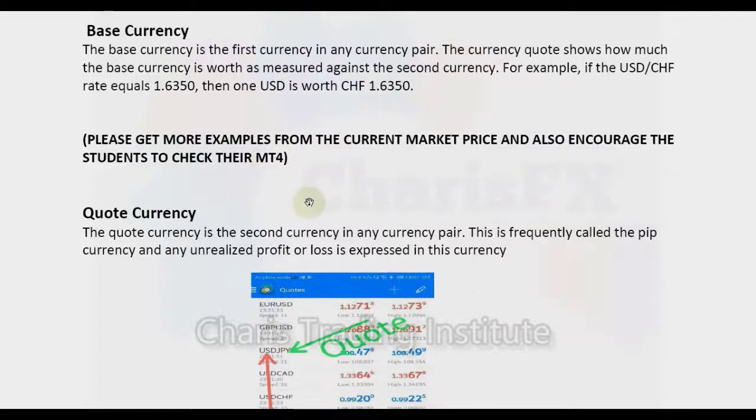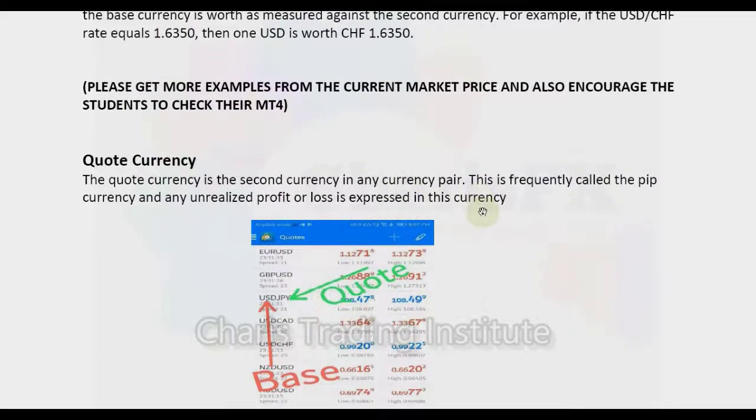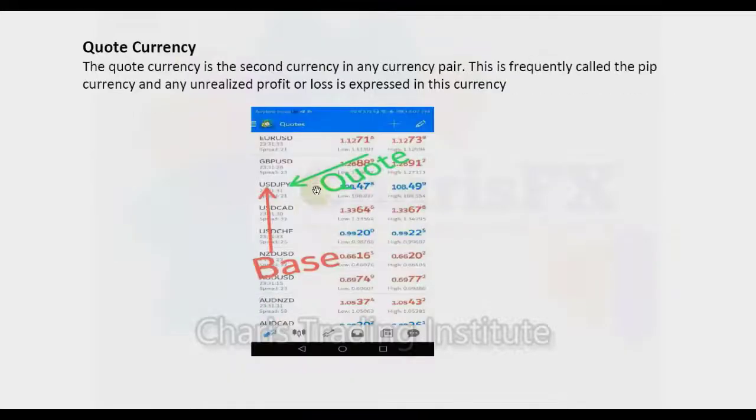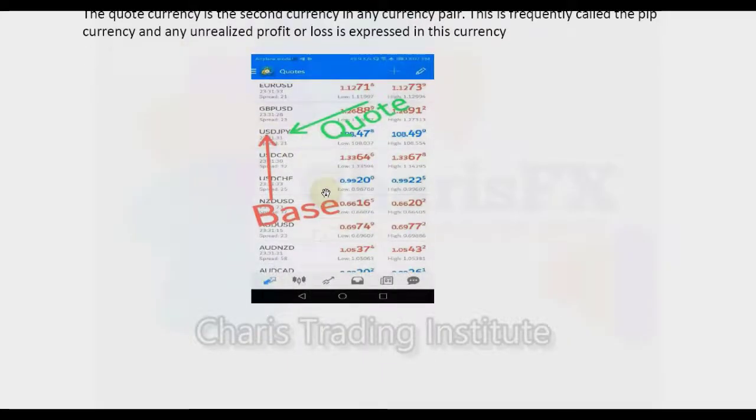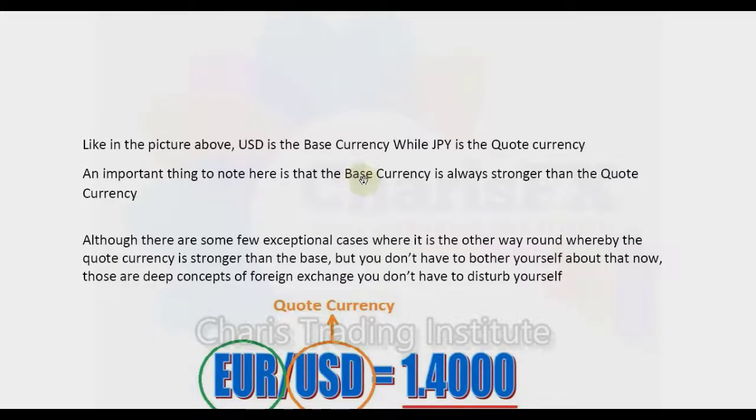Then the quote currency is the second currency in any currency pair. It's frequently called the pip currency, and any unrealized profit or loss is expressed in this currency, which is the quote currency. So like you can see here, in USD JPY, the USD is the base currency, the JPY is the quote currency. An important thing to note is that the base currency is always stronger than the quote currency.